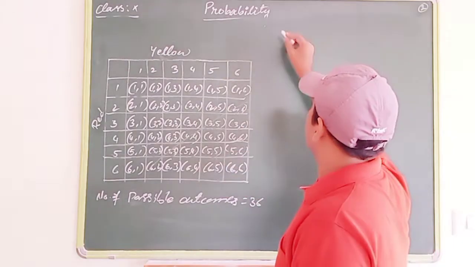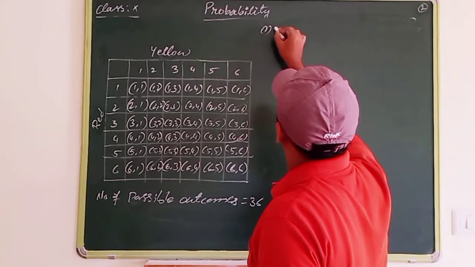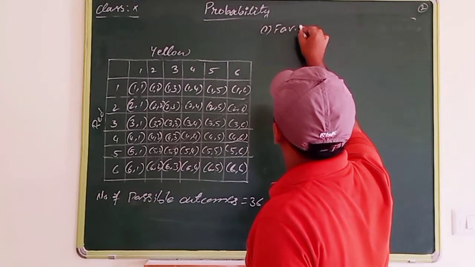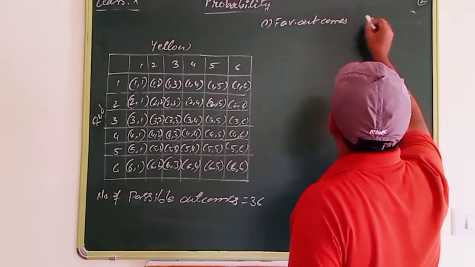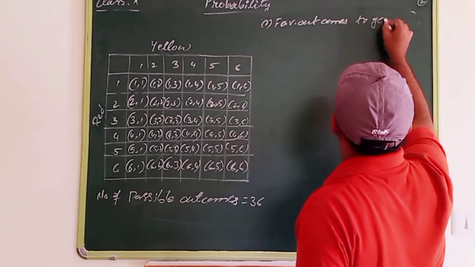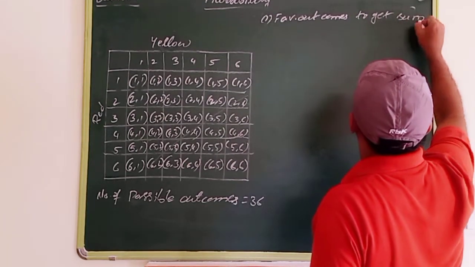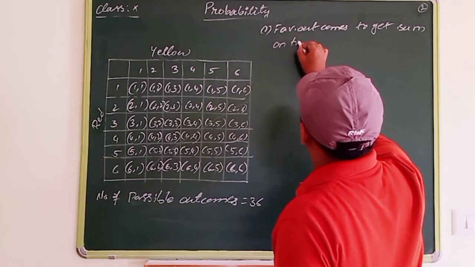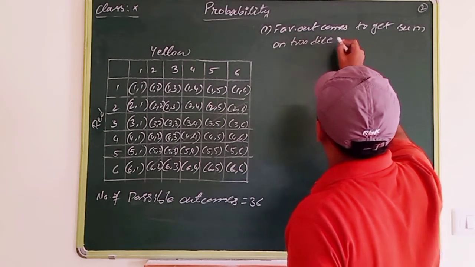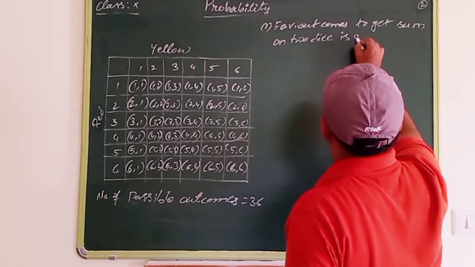So how can we write it out? The favorable outcomes to get sum on 2 dice is 8.